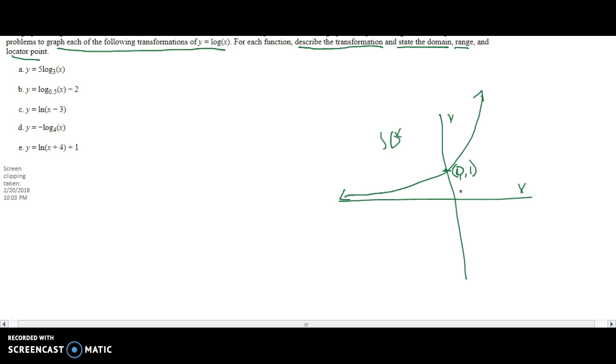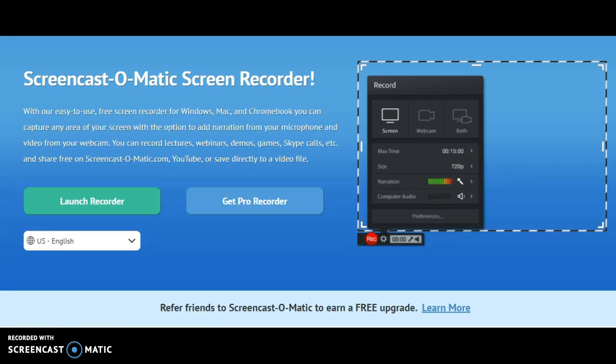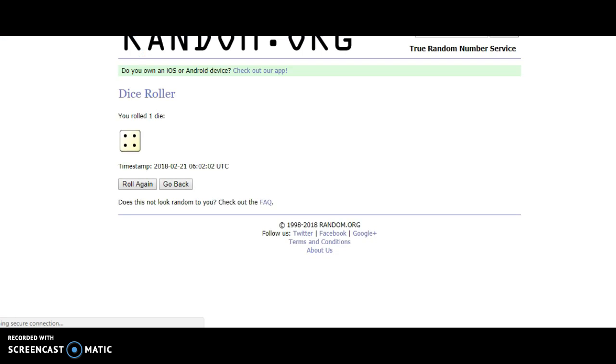And now that we have those, let's look at some of the things that can affect our logarithmic graph. We have A, and we have H, and we have K, and we also have B. What I'm going to do here is pull up a random organizer, and we will get a couple numbers.